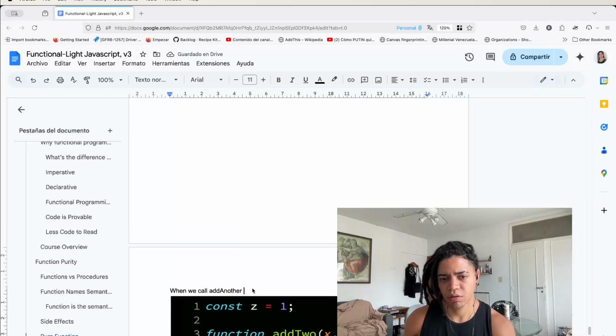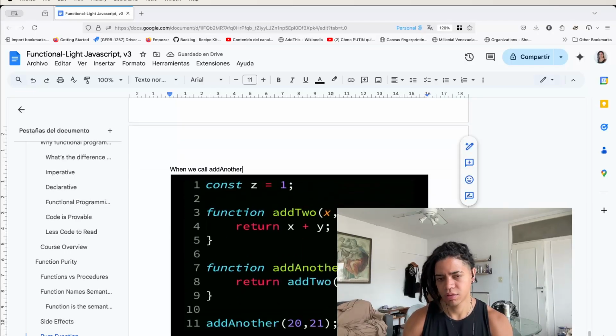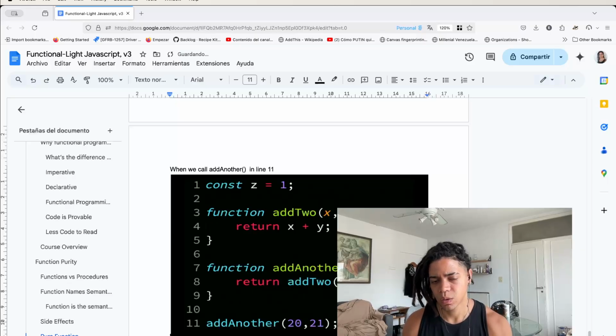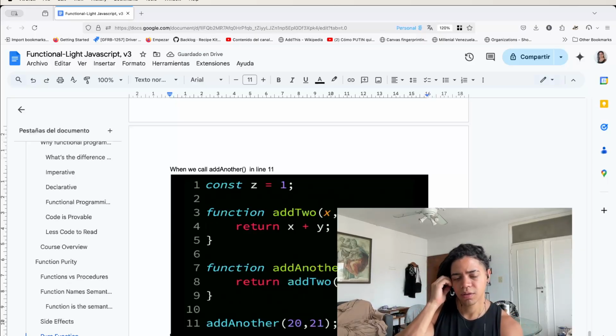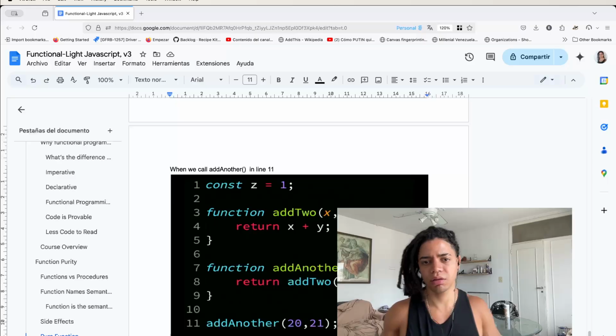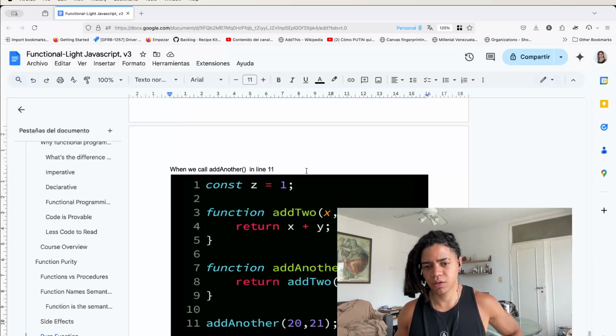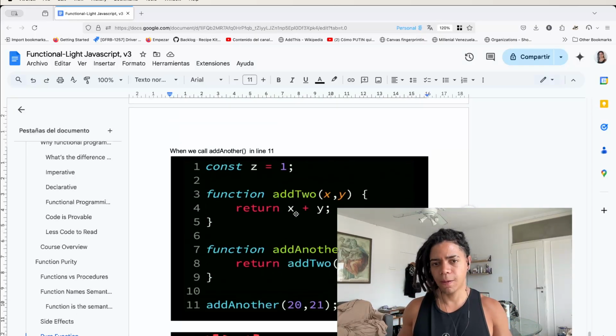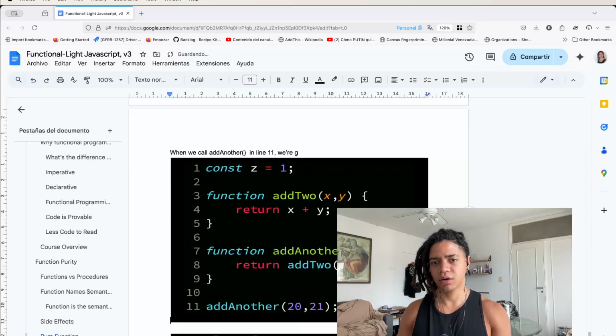So when we call add another in line 11, we're going to see exactly.